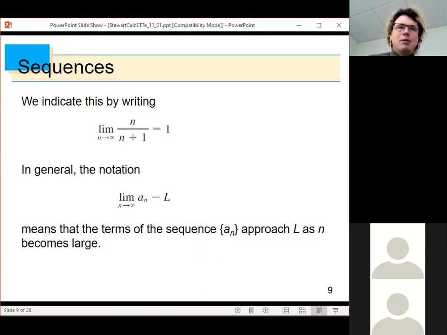If this was x goes to infinity of x divided by x plus 1, that is something that we could have done in Calc 1 again. It's just that x over x plus 1 has a horizontal asymptote at y equals 1, and we are just calculating that out.